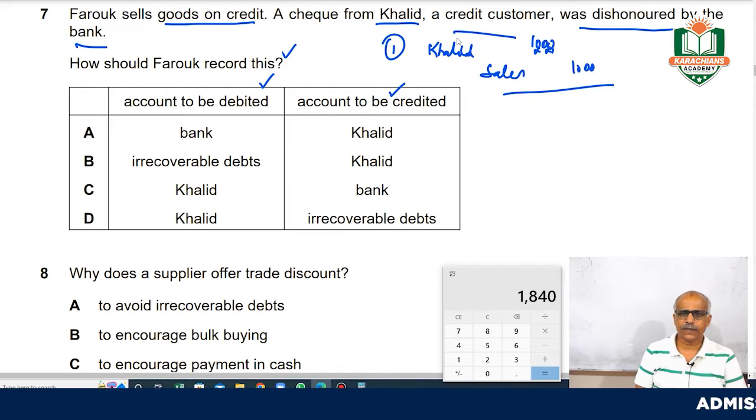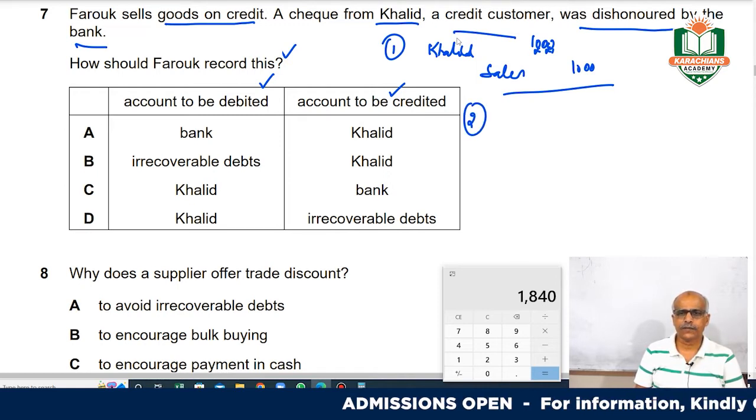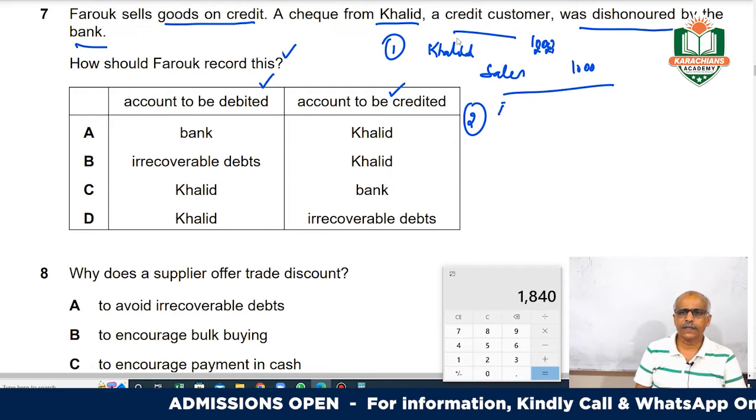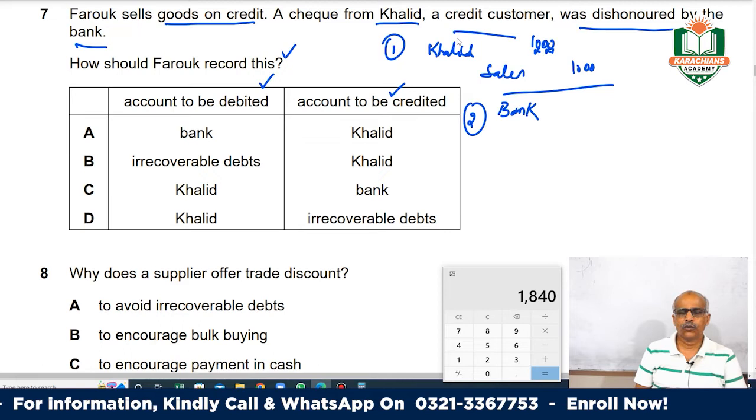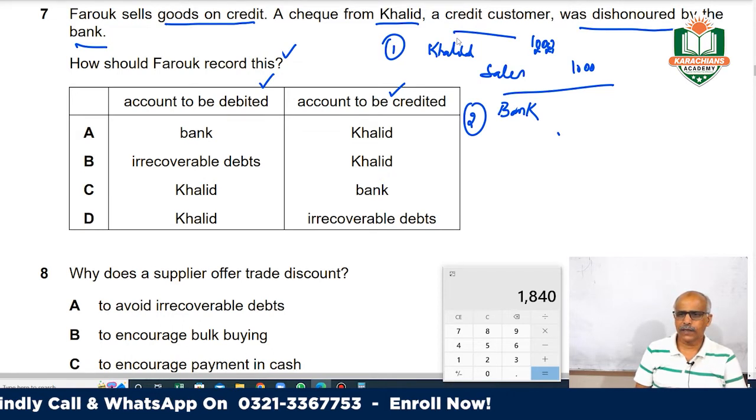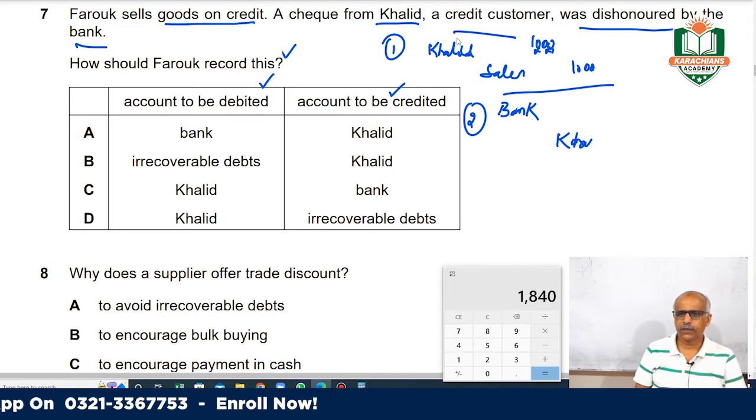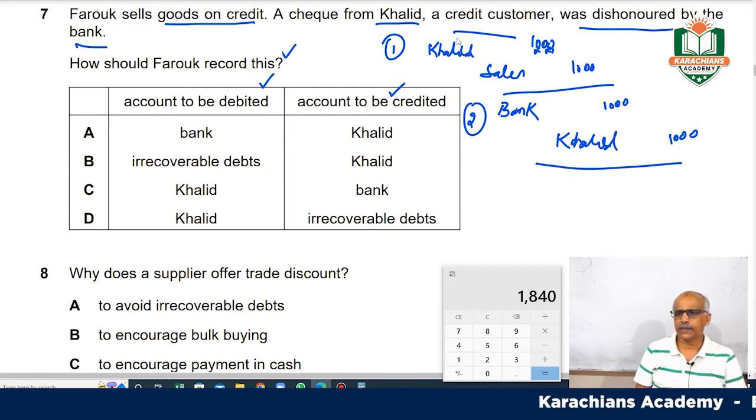This was the first entry. When this credit amount is received, what entry is made? When you deposit the check, you debit your bank and credit your customer, because you have received this much amount from him, say 1000.